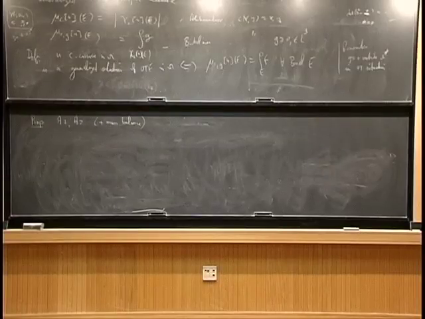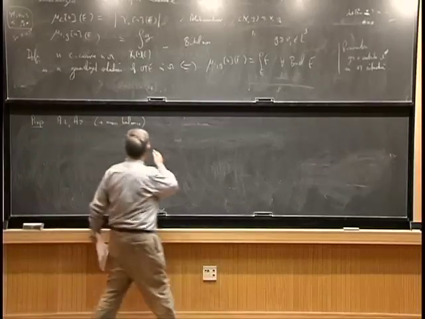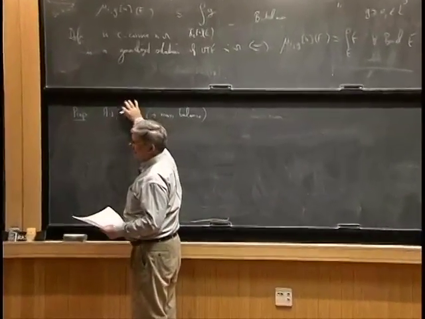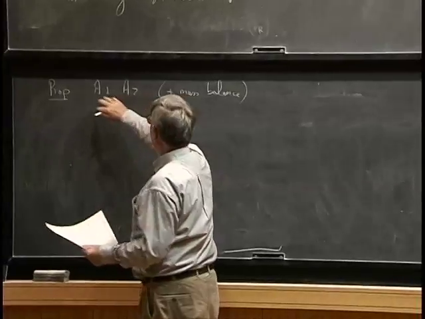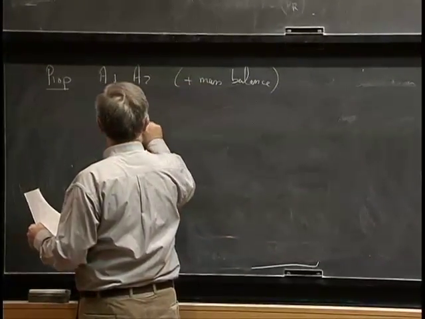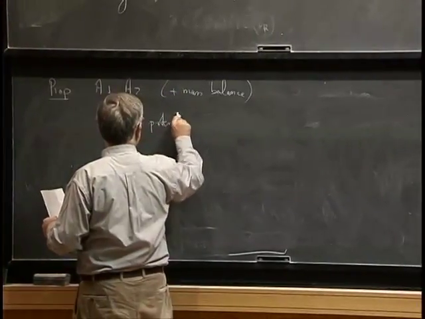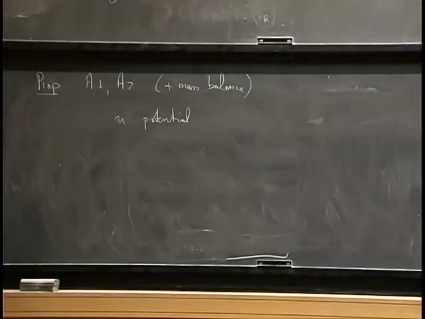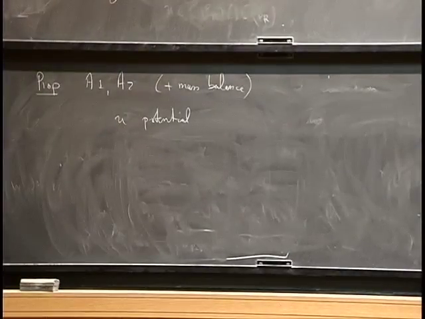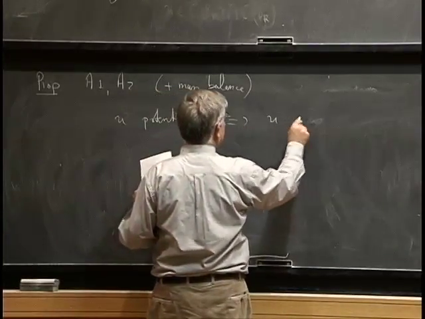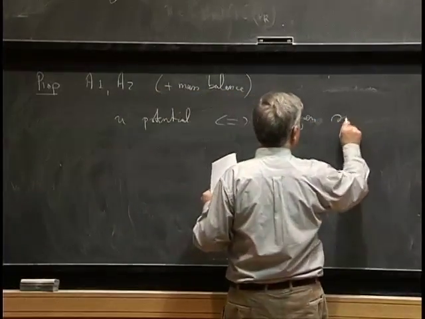Okay, we're ready to roll again. Let me just state this proposition. It's proven in the paper with Wang and Ma. If we have A1, both sides of A1 are important, plus the mass balance. Then, if u is a potential, the first component of a solution of the Monge-Kantorovich problem, then that's equivalent to u being a generalized solution.